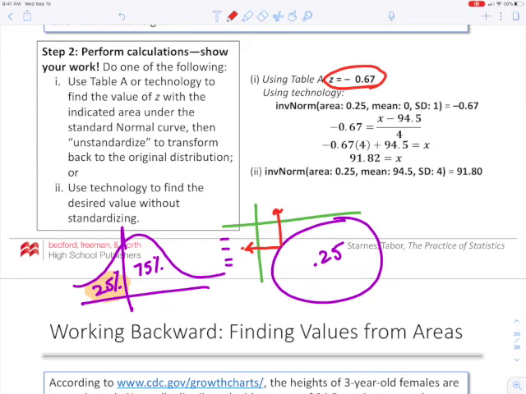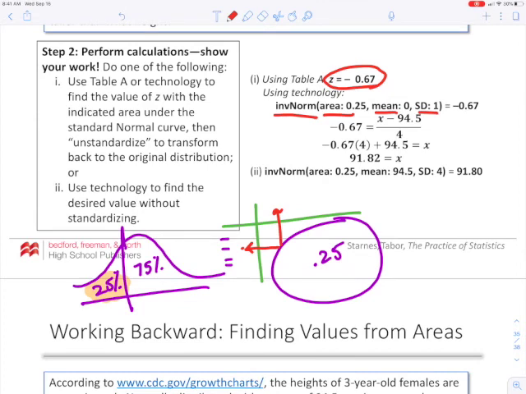Now, to find the same value with your calculator, you do the inverse norm. You still go through a calculator page, menu, statistics, distributions, and you find inverse norm. When you do inverse norm, it asks you for 3 things: the area, the mean, and the standard deviation. Again, you have 2 ways to do this.